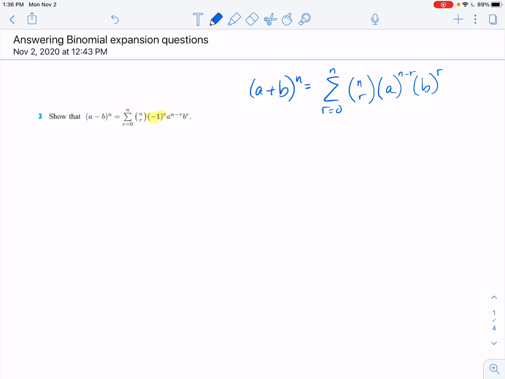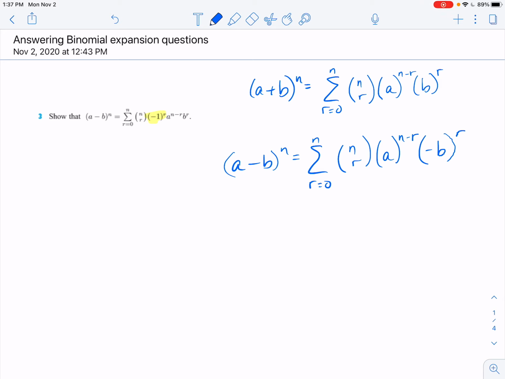The only difference between that and the problem at hand is that they now say b is negative. So in this case, if I have (a - b)^n, then it's the sum as r goes from 0 to n of n choose r, and then a raised to the n minus r, and now negative b raised to the r.